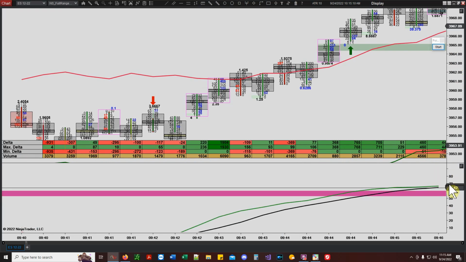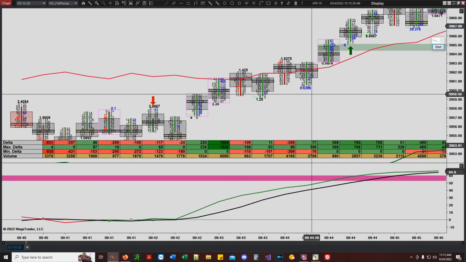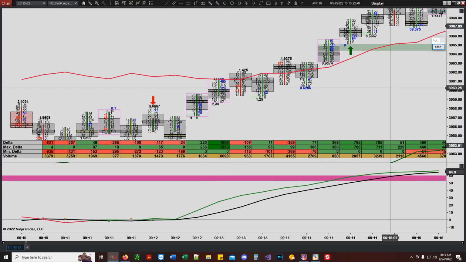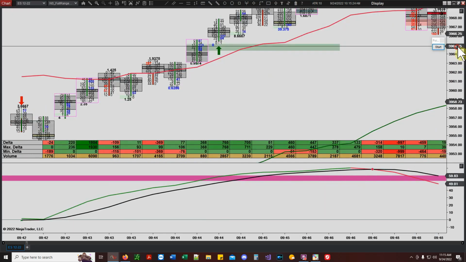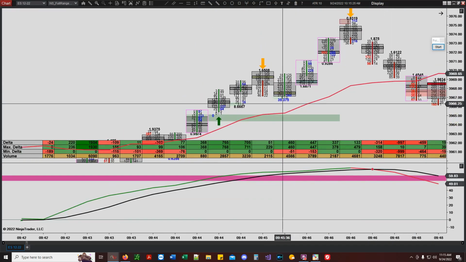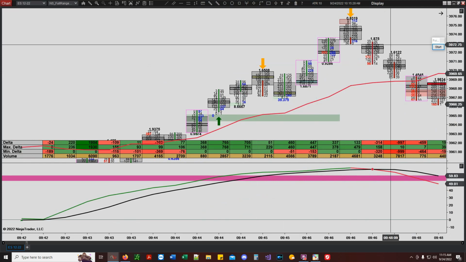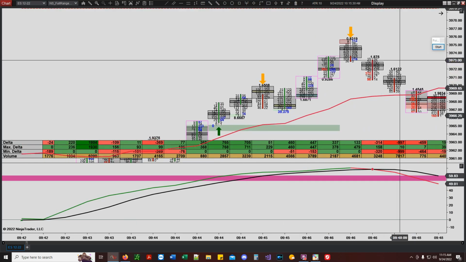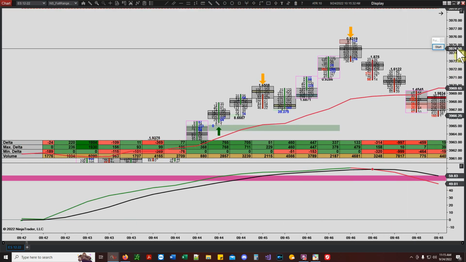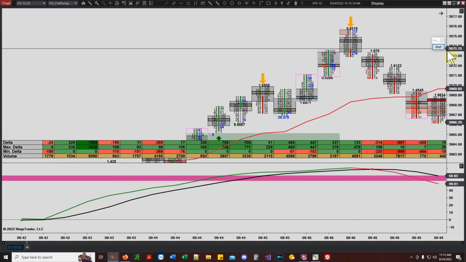Okay, so this wave is still positive, as you can see, and price is still going up. All right. Now we can see it's way overbought. We have market weakness to the downside.